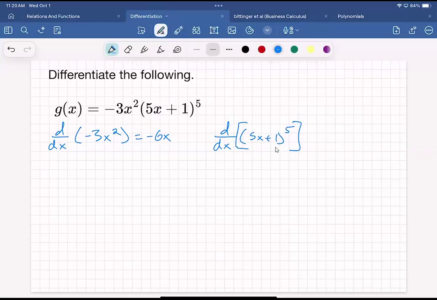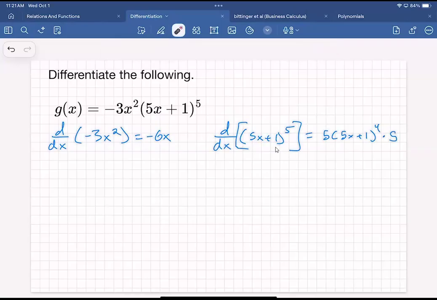So when you deal with this one, this is the area where you're like, hey, I do need the chain rule for this piece. So the 5 in the front here is coming from the power rule. Bring down your exponent and then subtract 1 to get your new exponent.